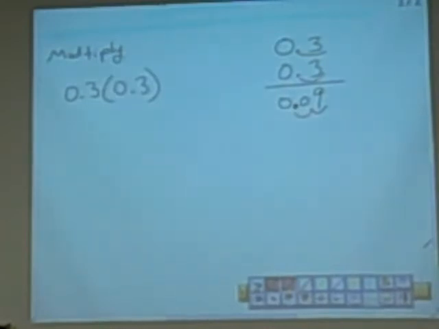Whereas with multiplication, you have to count the number of places and move that decimal point over that number of places in whatever numbers you're multiplying.